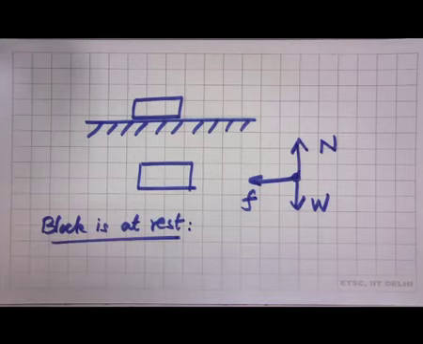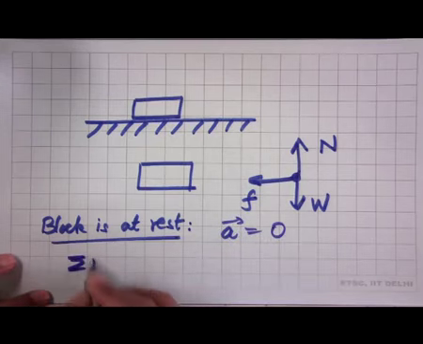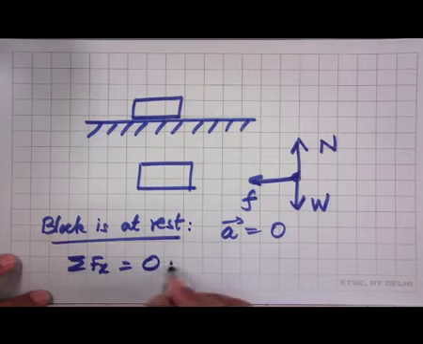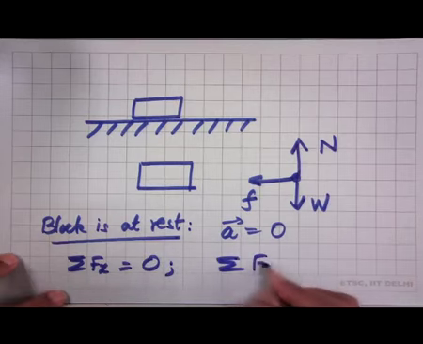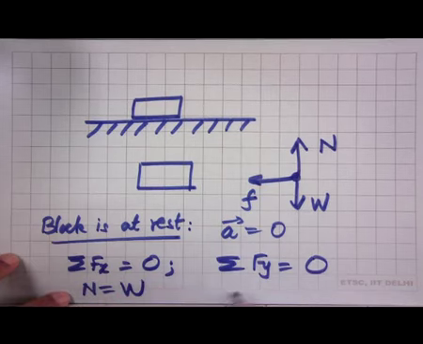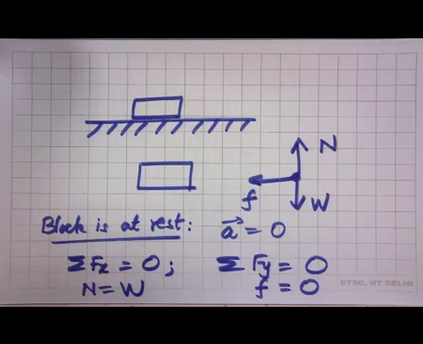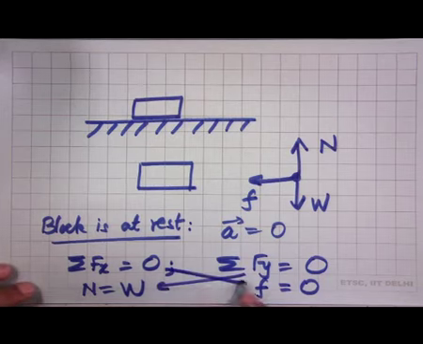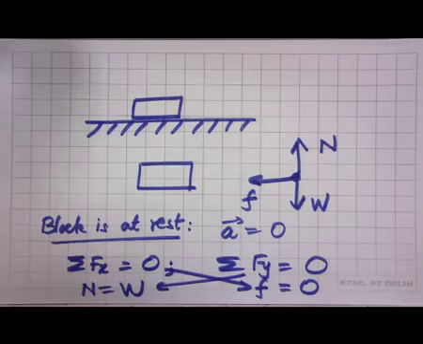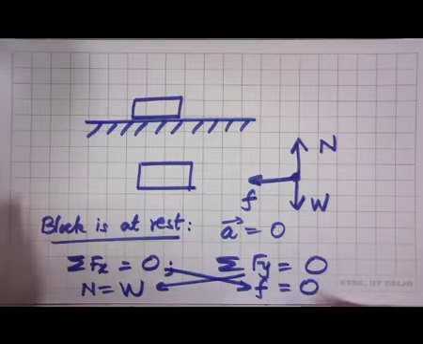So, acceleration of the block is equal to 0. Now, when we apply sigma Fx is equal to 0, because acceleration is 0, and sigma Fy is equal to 0, Fy gives us N is equal to W, and Fx gives us friction force is equal to 0. So, in this case there is no friction force acting on the block.